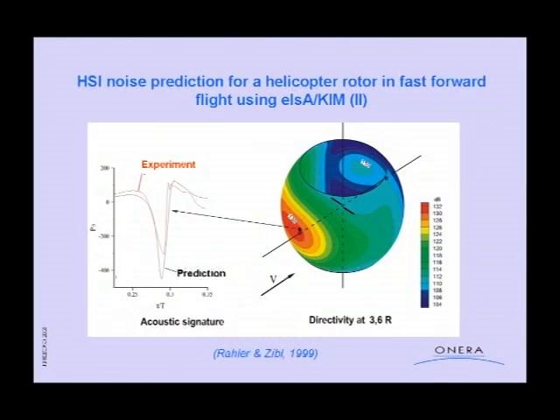With this we can derive complete noise directivity surfaces like this using several thousand observer locations. And you have here a correlation with experiment for this wind tunnel case, which is not too bad. The input data have been provided by a CFD code from ONERA.